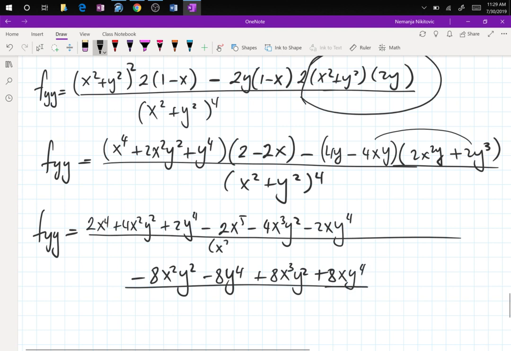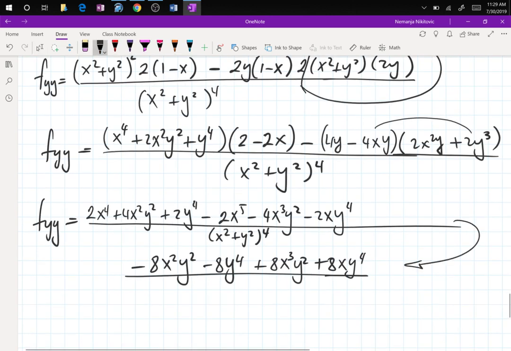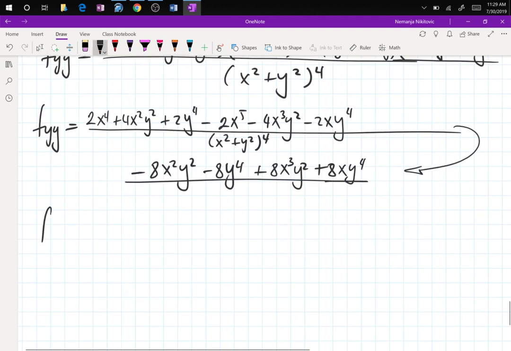And this is over x squared plus y squared to the 4th. So this just carries here, and now we can simplify it and be done.